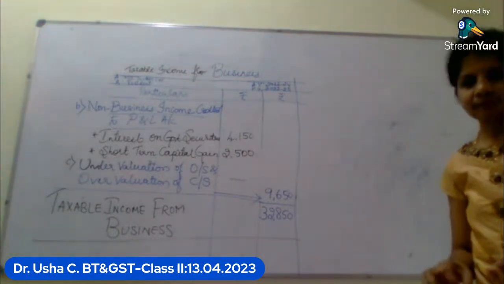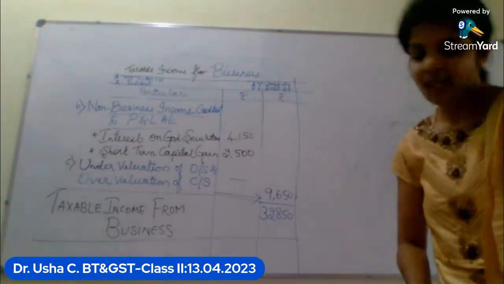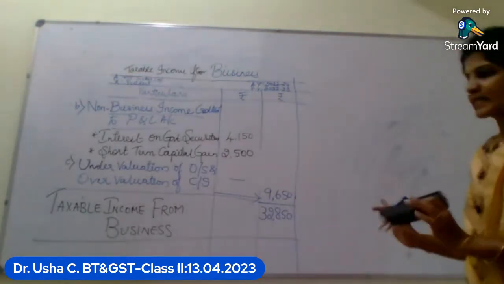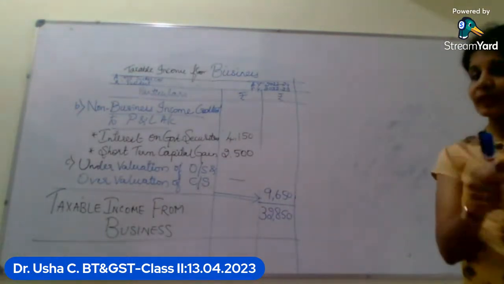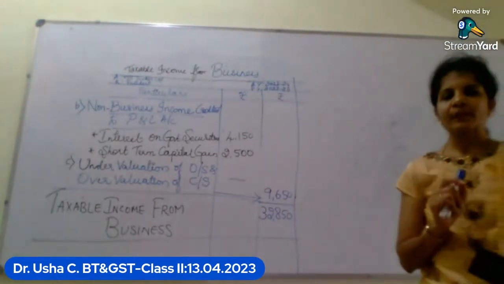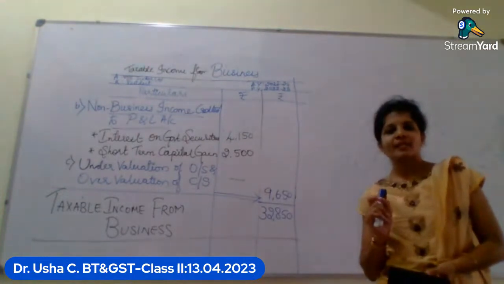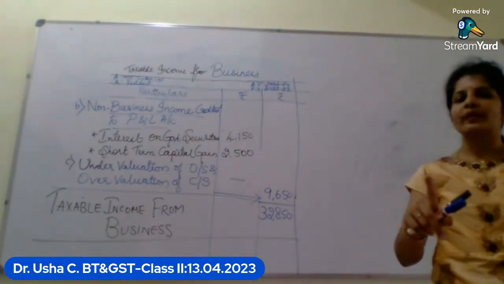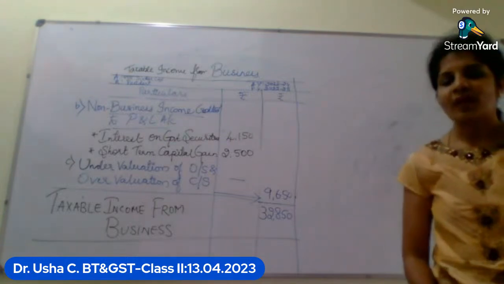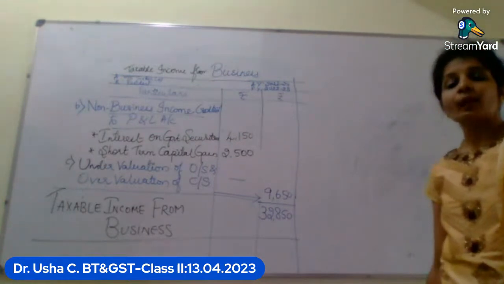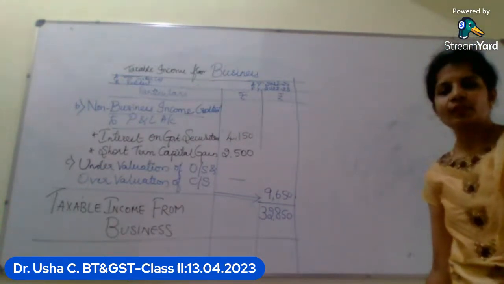Okay, now we'll continue further. This problem has not ended up to this, because look into the problem. What was the first sentence of the problem? From the following profit and loss account of Messrs Sridhar Limited, compute his total income. They've asked us to calculate his total income. How to arrive at the total income?